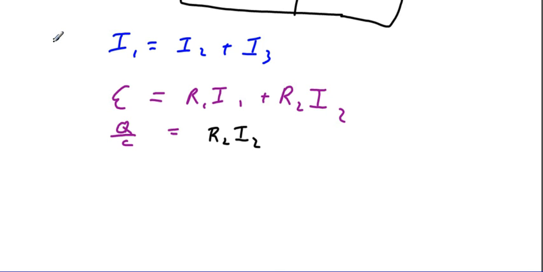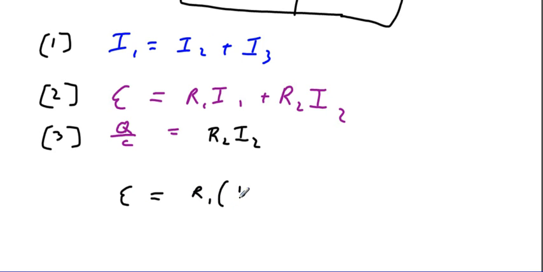We'll call this equation 1, this 2, this 3, and I'm going to use 1 to eliminate I1 from the second equation. So we're going to rewrite it as R1 times (I2 plus I3) plus R2I2.